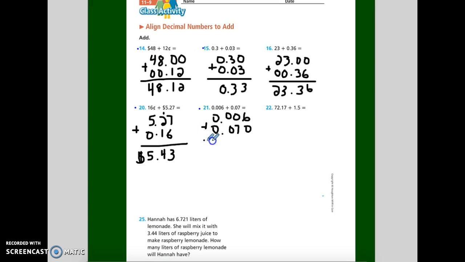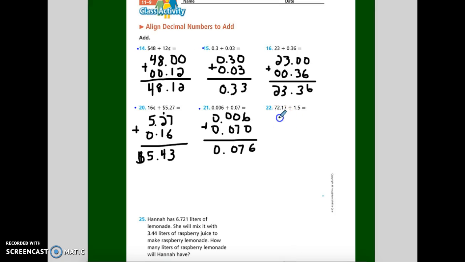All right, 6 plus 0 is 6. 7 plus 0 is 7. 0 plus 0 is 0. Bring down my decimal point, and 0 plus 0 is 0. So I end up with 76 thousandths. All right, last one for you to try. I want you to go ahead and try to do 72 and 17/100 plus 1 and 5/10.